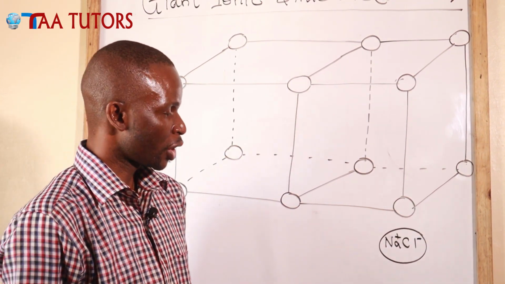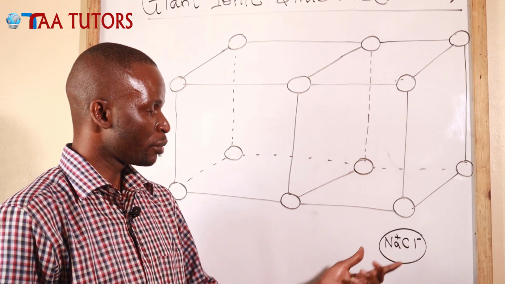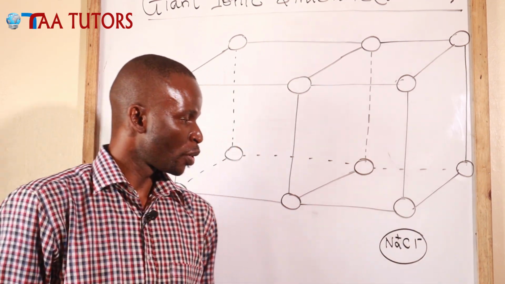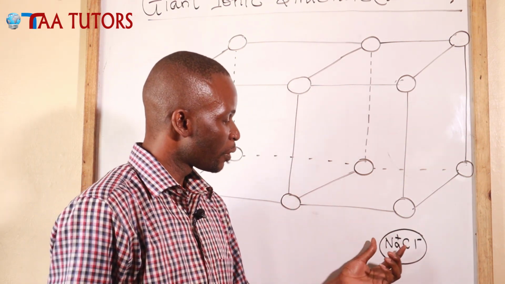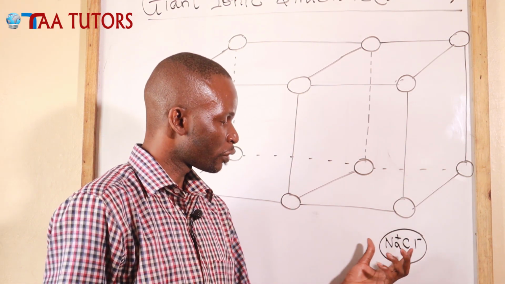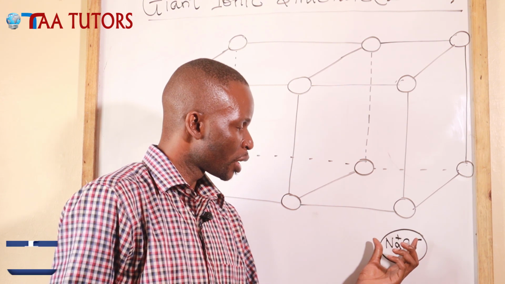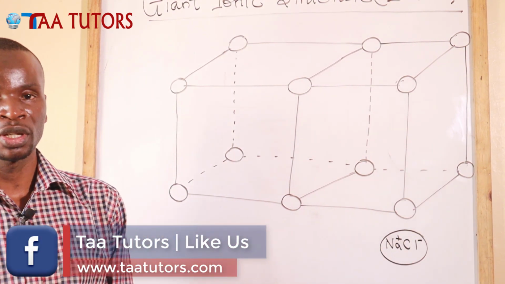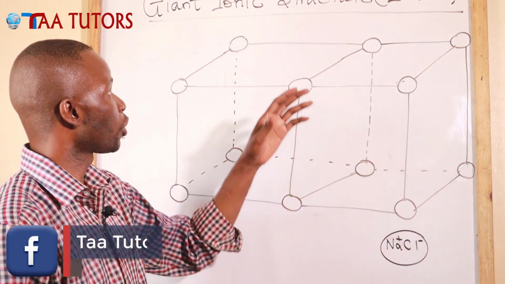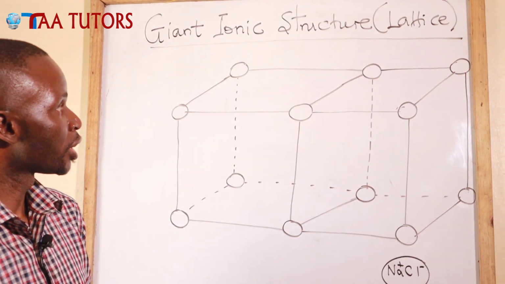For us to have a salt, for example table salt, which is mainly made up of sodium chloride, we must have many of these bonds put together, millions and millions of sodium chloride ions put together to form something very huge. And that very huge thing, we are going to call giant ionic structures.